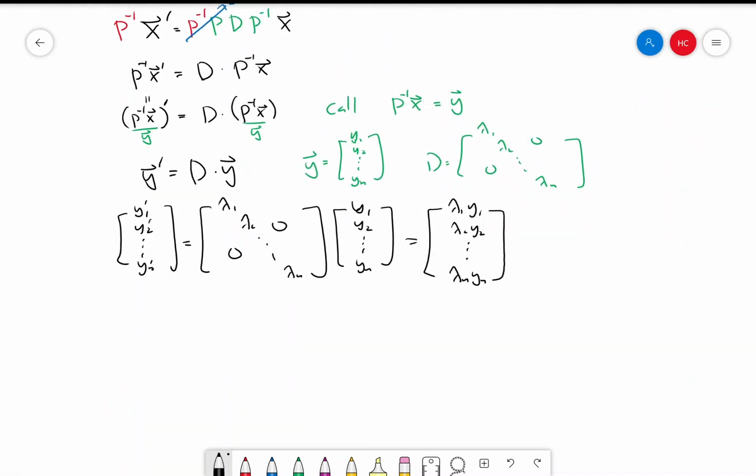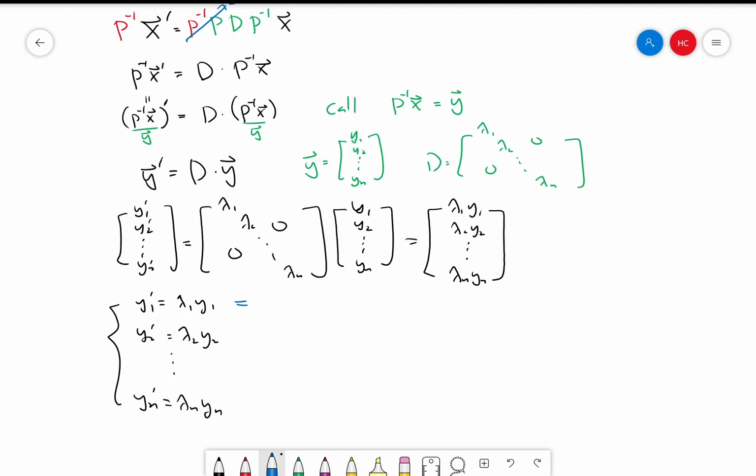So what we got is a system of independent equations. This tells you that y1 prime is lambda 1 times y1, y2 prime is lambda 2 times y2, and all the way yn prime is lambda n times yn. We know how to solve this. It was introduced in Calc 2: a derivative function proportional to the function itself. All these are exponential functions.